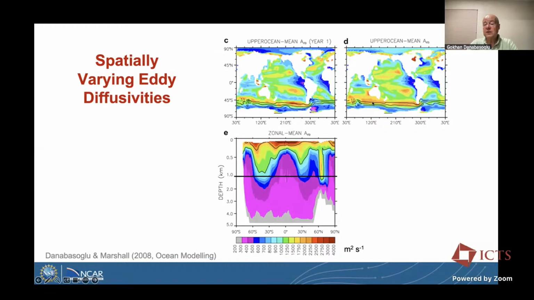For example, where the mesoscale eddies are important or strong, we have larger diffusivity coefficients along the Southern Ocean latitudes. And the bottom panel is showing a zonal mean distribution. This should be the global zonal mean of the thickness diffusivity. And you can see the upper intensification of the diffusivity coefficients, as that's how we constructed it. And then these diffusivity coefficients are also enhanced in regions of subtropical gyres.